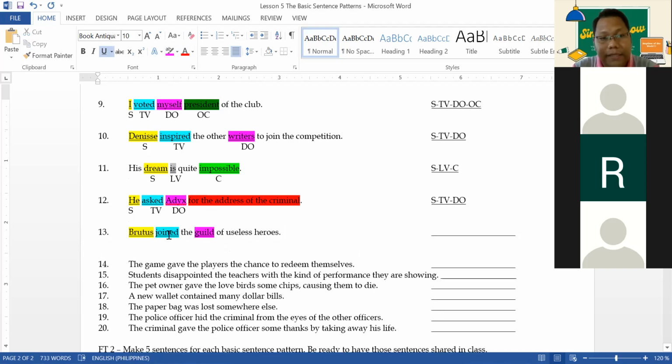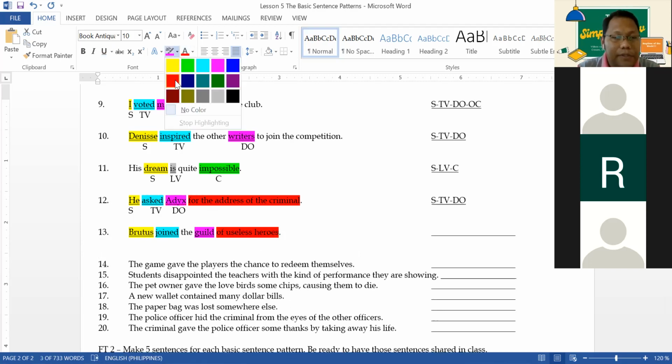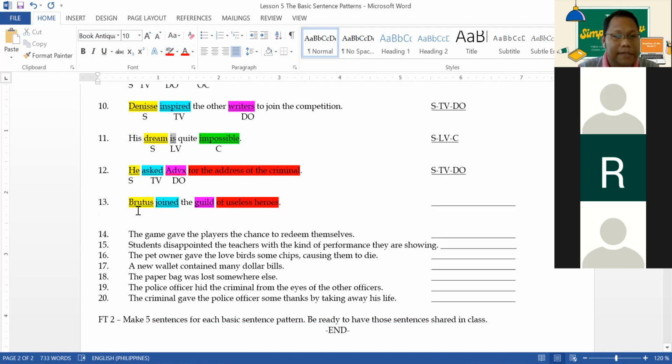Brutus joined what? The guild. So what about of useless heroes? We call that your prepositional phrase. And so this is our subject, this is our DO. And once again, if you have a direct object, that means that your verb is a transitive verb. Sentence pattern, STVDO.